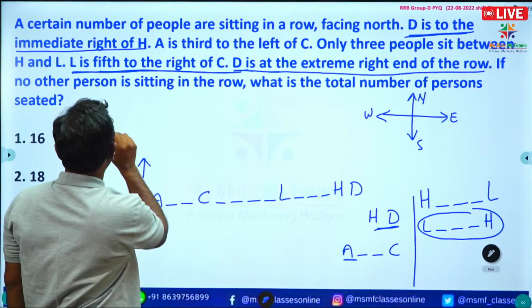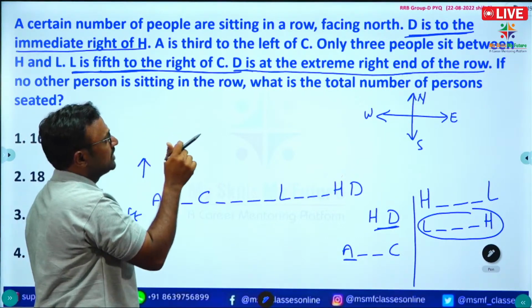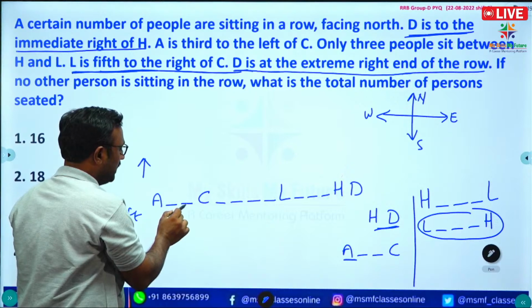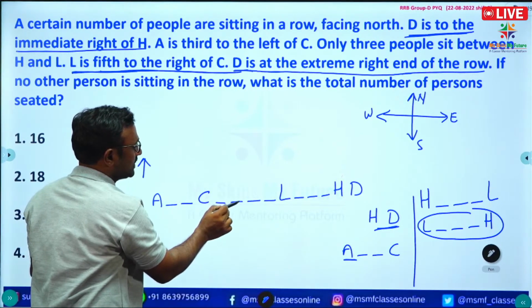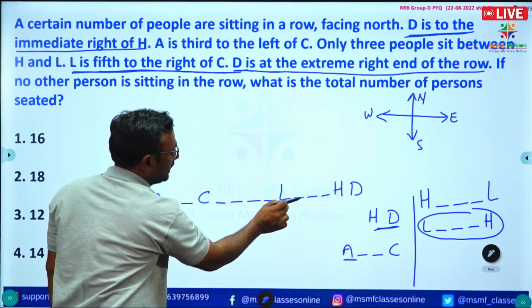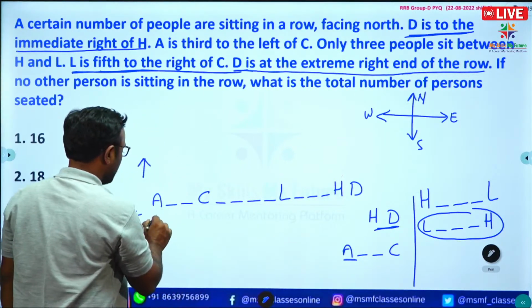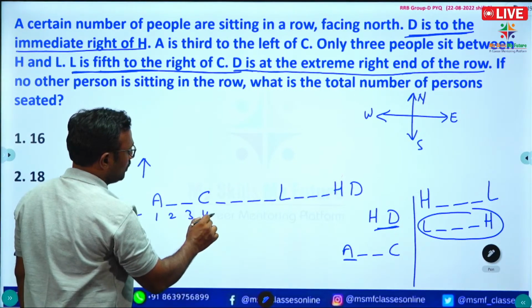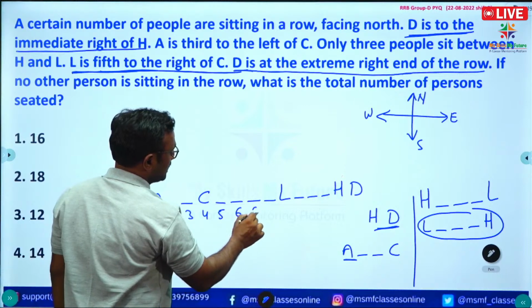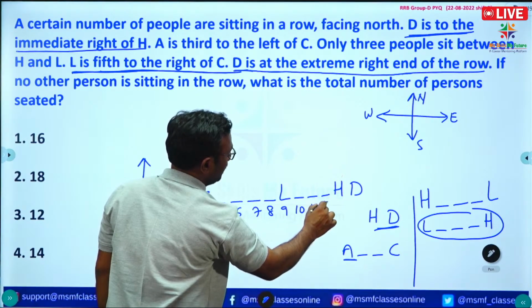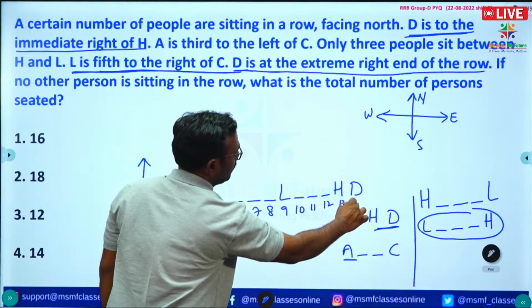If no other person is sitting in the row, what is the total number of persons? So just count: 1, 2, 3, 4, 5, 6, 7, 8, 9, 10, 11, 12, 13, 14.